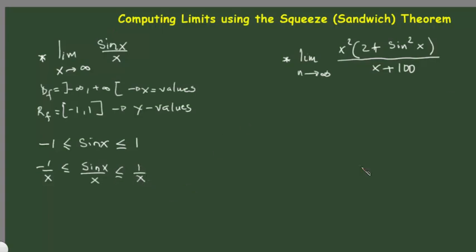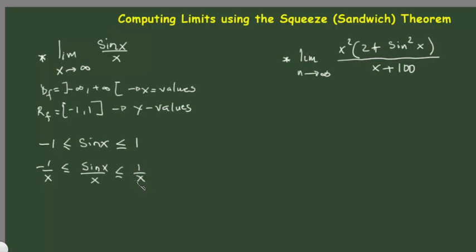And as you can see, if x approaches infinity, the denominator of these two outside values is going to get greater, and as it gets greater, the whole fraction will get smaller and smaller, tending to 0.